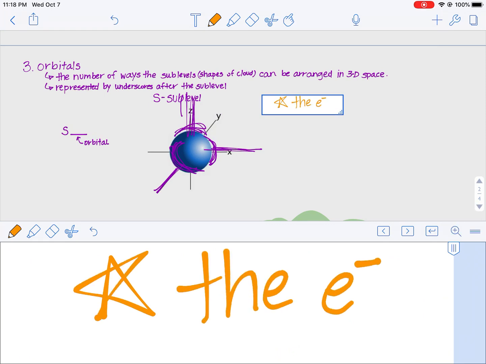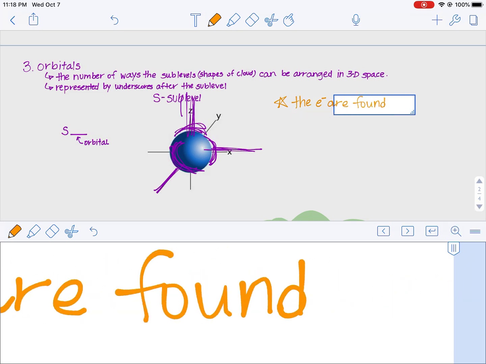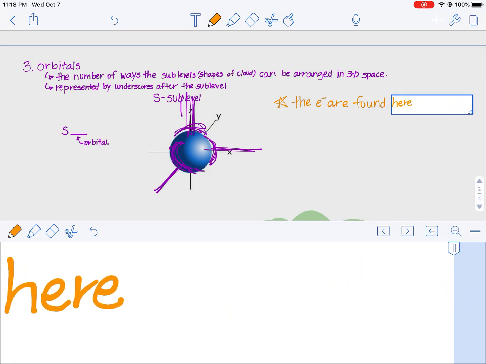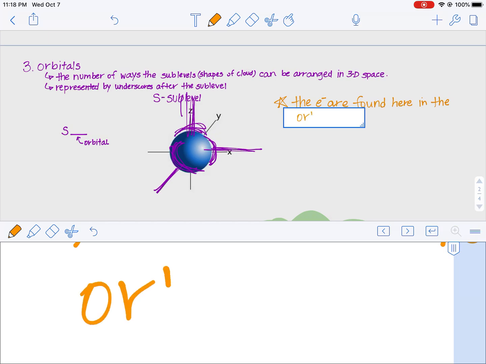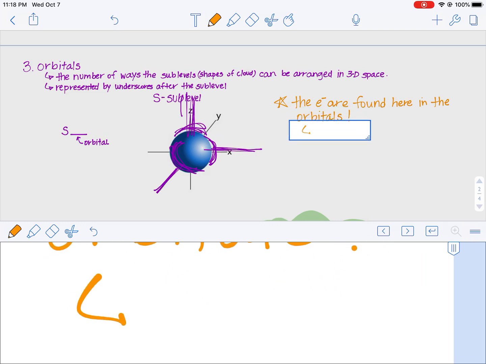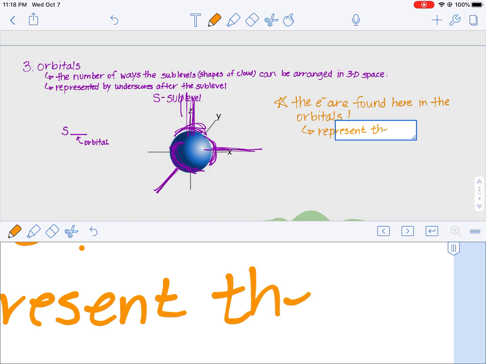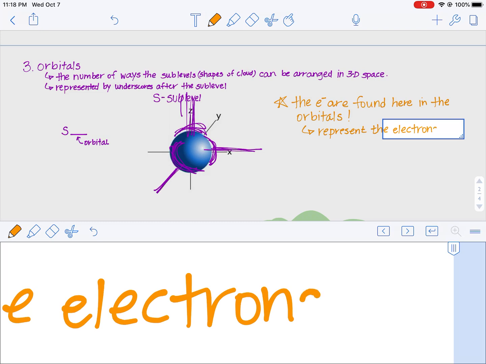The electrons are found here in the orbitals. And we are going to represent the electrons using arrows.